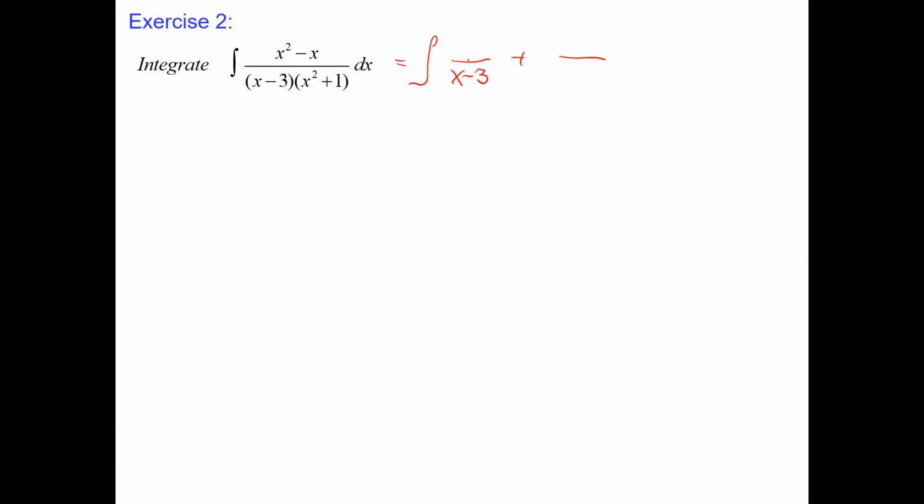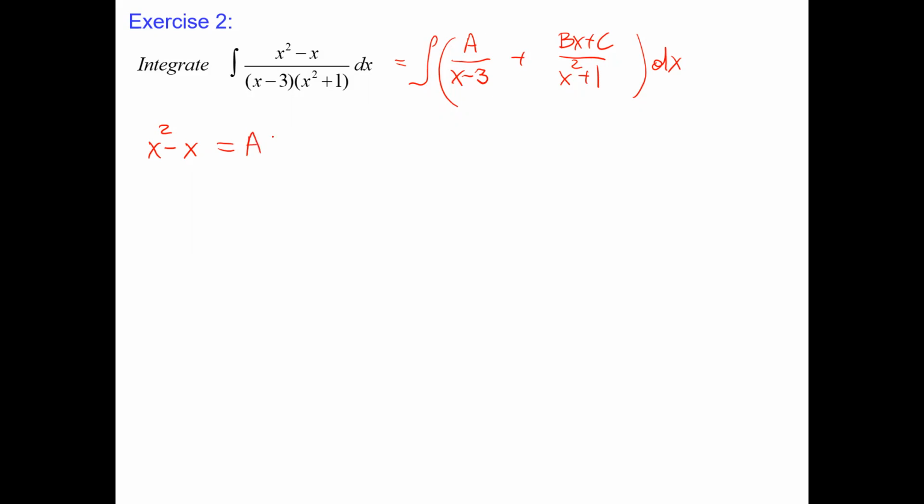x minus 3, the linear one, great, but this one is x squared plus 1, the quadratic one. I will put A, and again, Bx plus C. And let's find coefficients A, B, C first. My original numerator, x squared minus x, will be the same as if we combine these partial fractions, creating a common denominator.